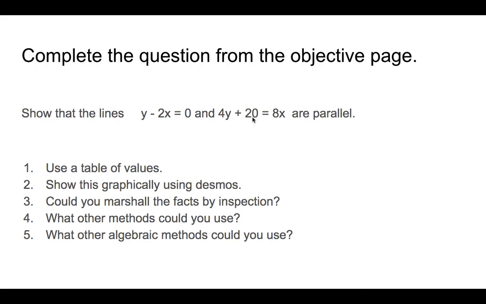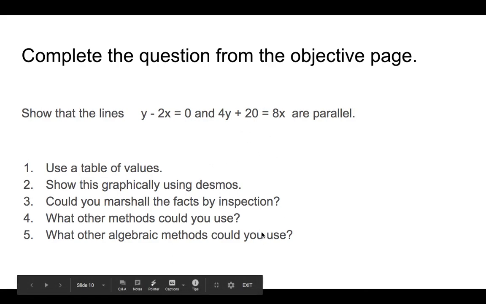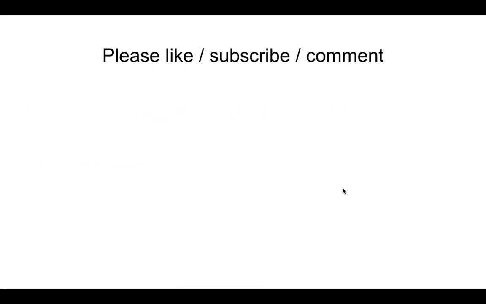What about that one? Are they the same? What's the same? What's different? What other methods could you use? Have a think about that. What other algebraic methods could you use? So we've talked there about changing the subject around. So what other algebraic methods could you also use?